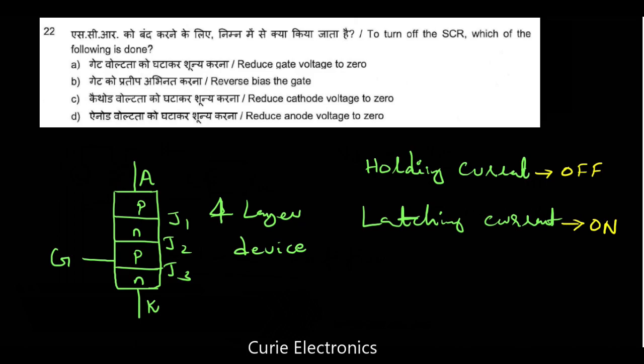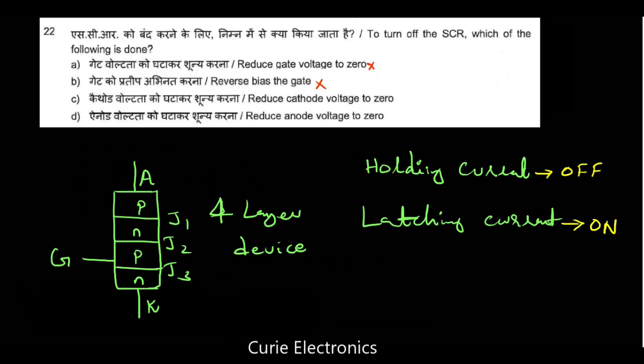To turn off the SCR, which of the following is done? Reduce the gate voltage to 0. This is not the option. Reverse bias the gate, not an option. Once the gate triggers the SCR, it is going to be in the conduction state only. Reduce the cathode voltage to 0. Reduce the anode voltage to 0. Now between the anode and cathode, we should have a positive potential voltage to make it conduct.